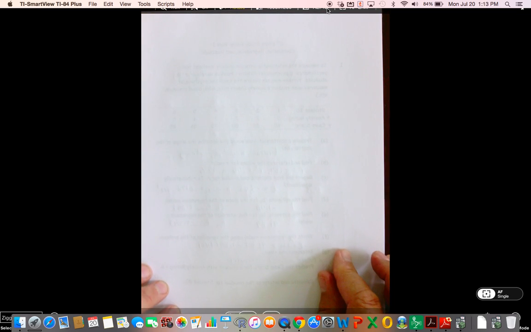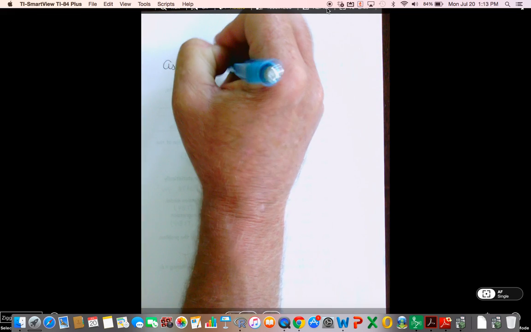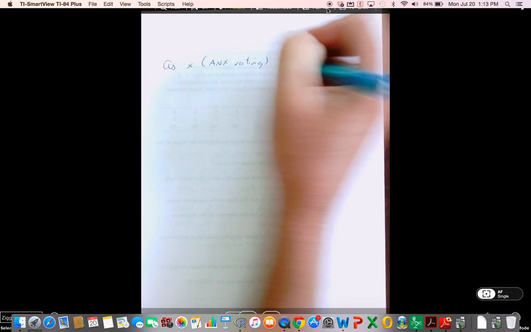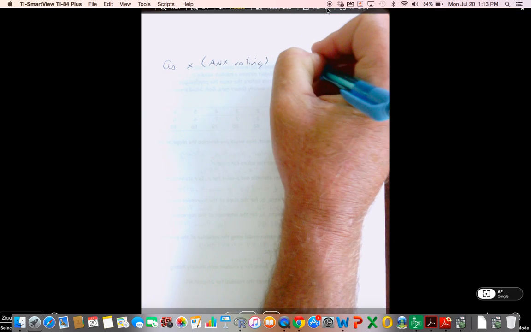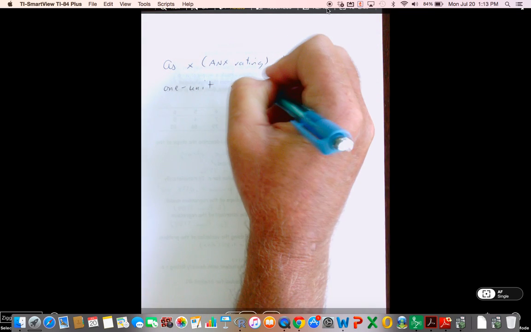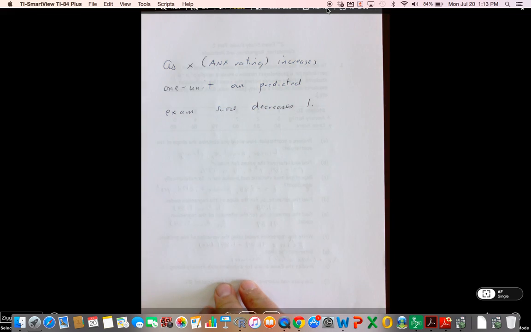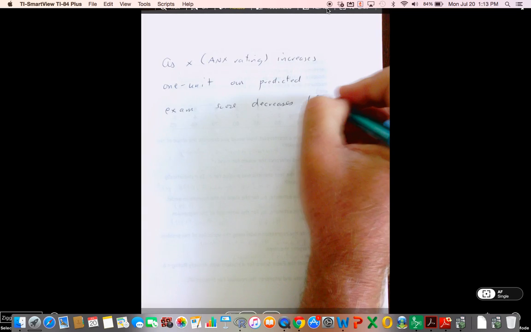So the interpretation of our slope, we would say, is as x, which is our anxiety rating, increases 1 unit, our predicted exam score decreases 1.89 points. So that's the interpretation of the slope.